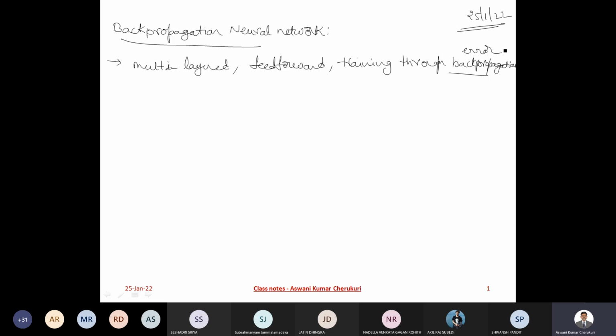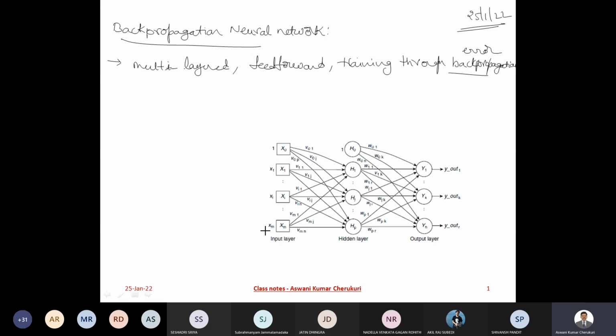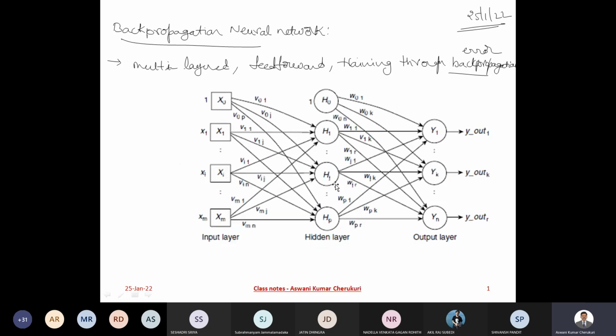Okay, so if you see the network architecture, let me copy the network architecture from the book. So this is the network architecture.